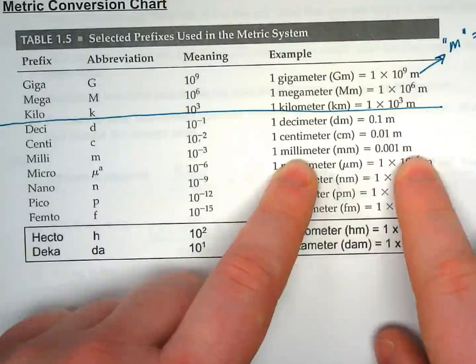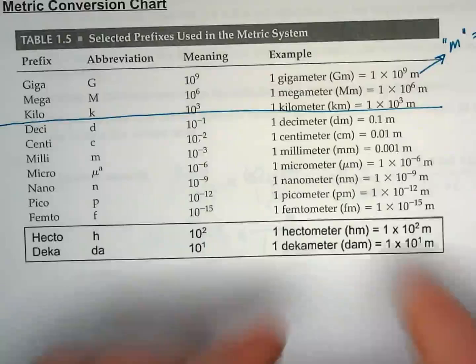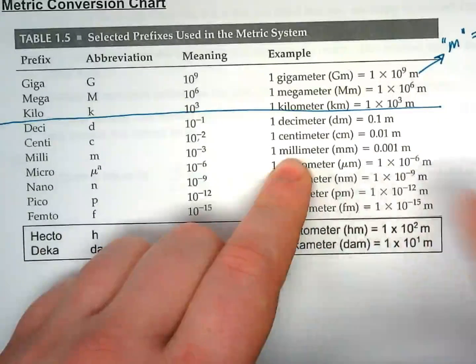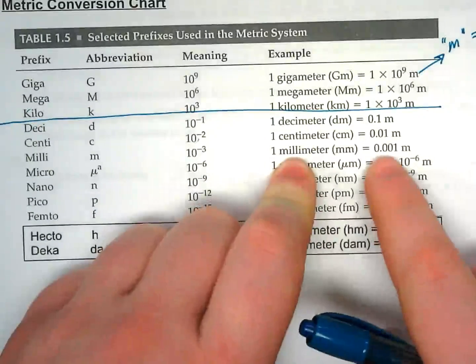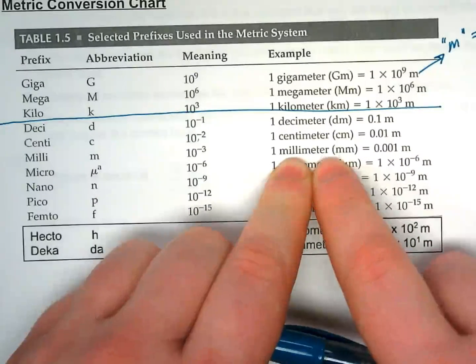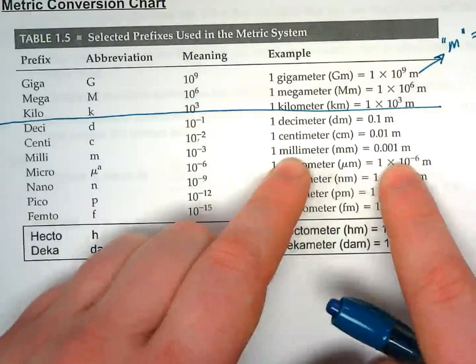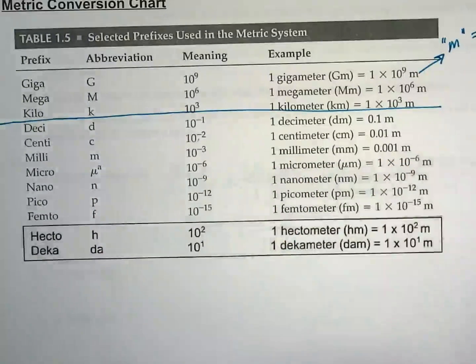What they show here is that 1 millimeter is equal to 0.001 meters. Remember, that's the same for grams, for liters, across the board. You could say 1 milliliter is equal to 0.001 liter, and 1 milligram is equal to 0.001 grams. It's the same thing.